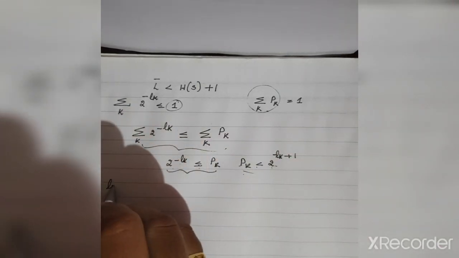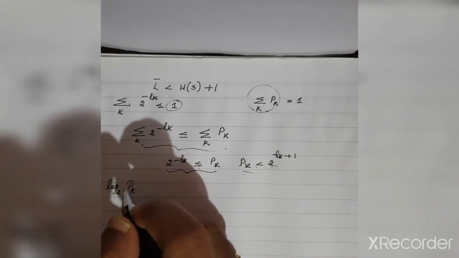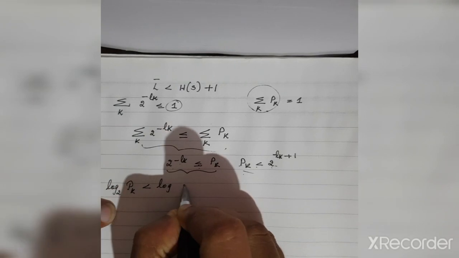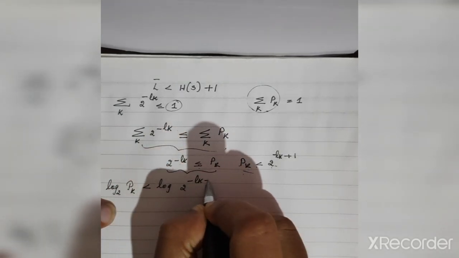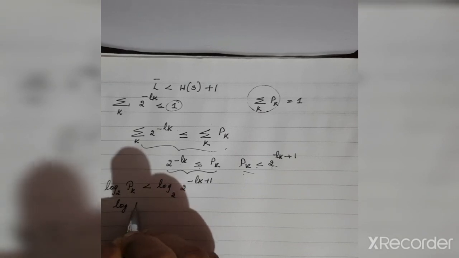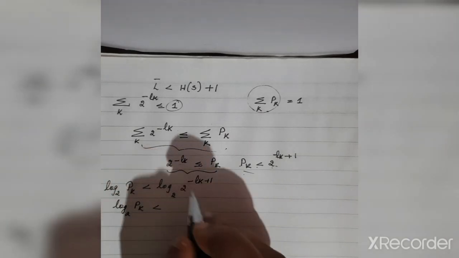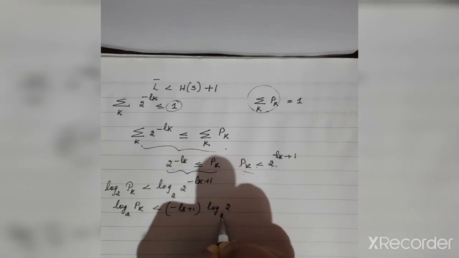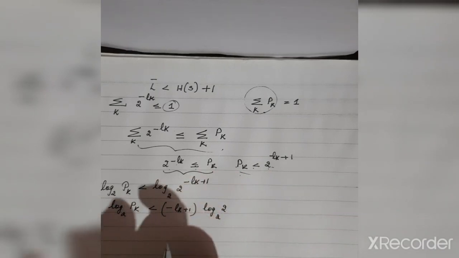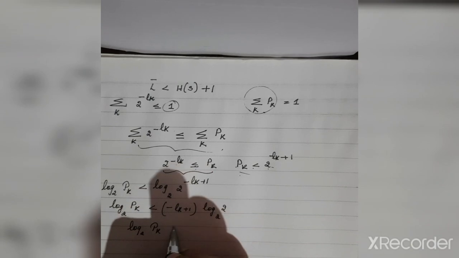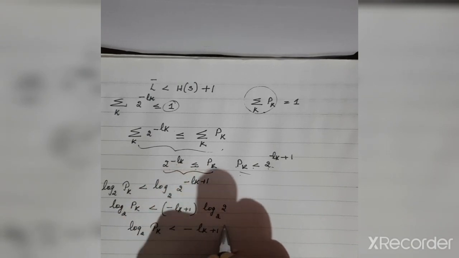So it becomes log pk to the base 2 less than log of 2 raised to minus lk plus 1 to the base 2. Again, a slight modification: log pk to the base 2 is less than minus lk plus 1, times log 2 to the base 2. So this becomes log pk to the base 2 less than minus lk plus 1.